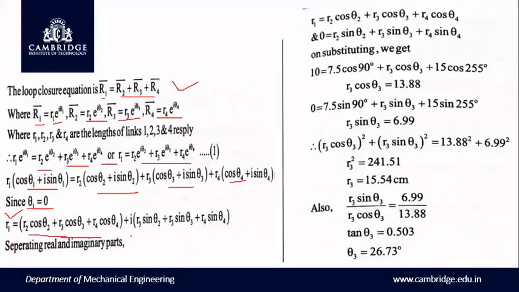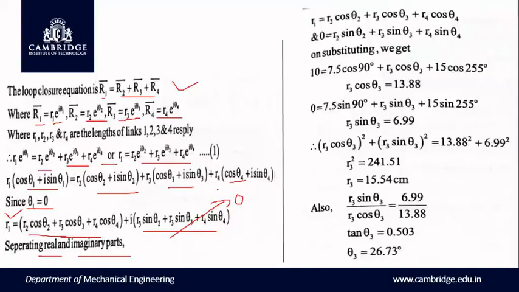Then the right hand side has a real part and an imaginary part. On expansion and separating the real and imaginary parts, we obtain, since the left hand side has no imaginary part, whatever we have in the right hand side imaginary part must be equal to 0.